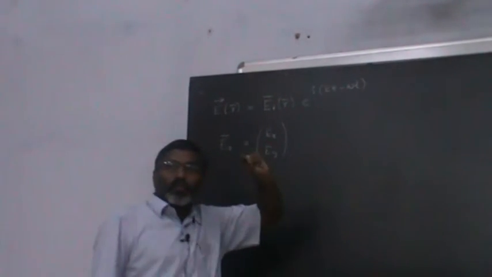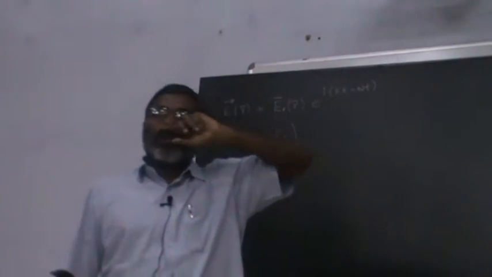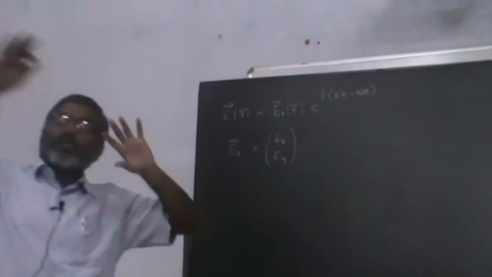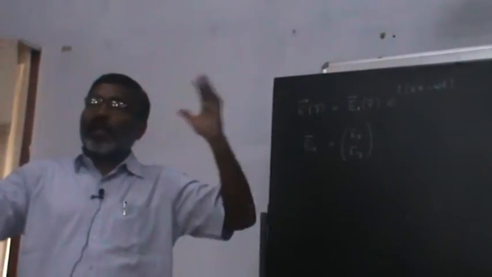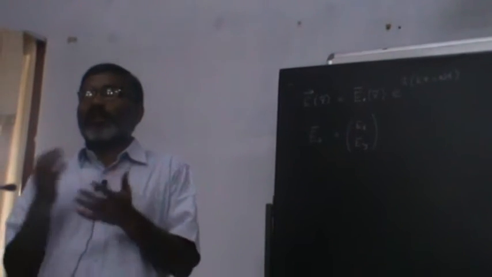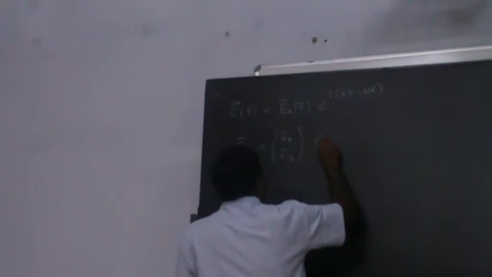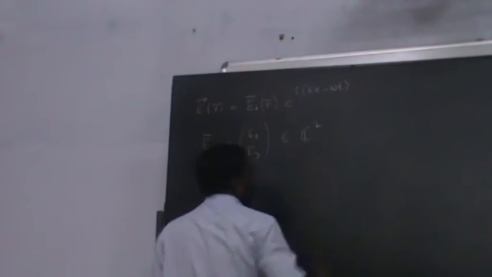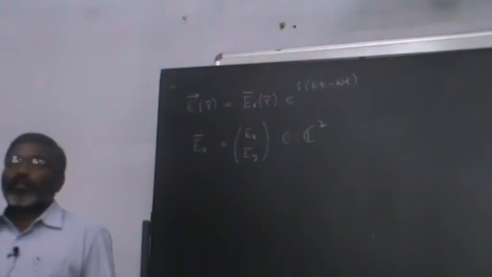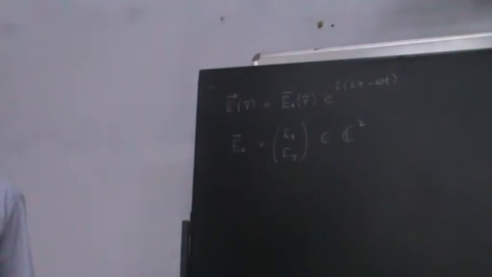So the set of all Ex, Ey that you can have will become a two-dimensional vector space on the complex field. So this in general belongs to C, a complex vector space of two dimensions.